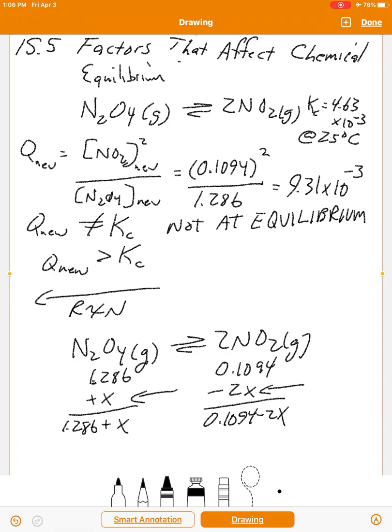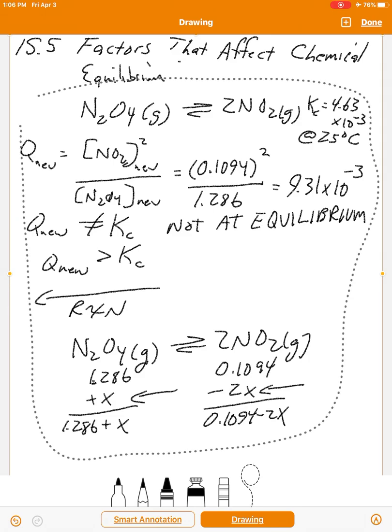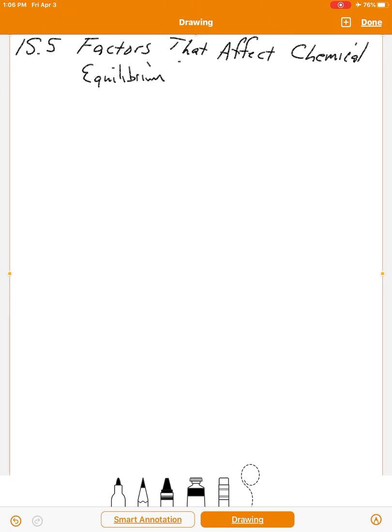Now, we can sum it up for gases by saying the following. This is just a quick little conclusion for gases.